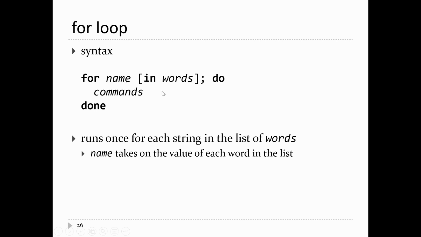That runs once for each string in that list of words. Now a list in Bash is just the words with spaces between them. That's it. There's nothing special about a list in Bash. And each time through the loop, name takes on one of the words in words, in sequence.